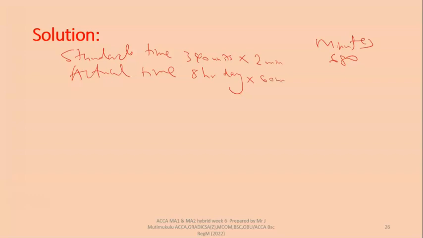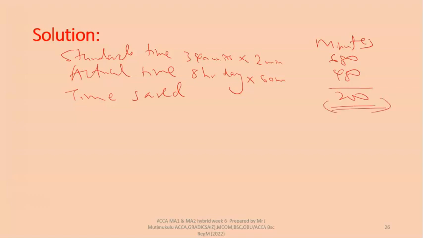So 60 multiplied by 8, that's 480 minutes. Then what would be the time saved? The time saved would be 680 minus 480, that's 200. That's the time saved.